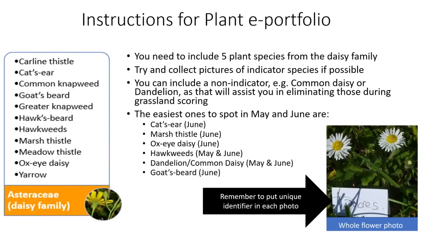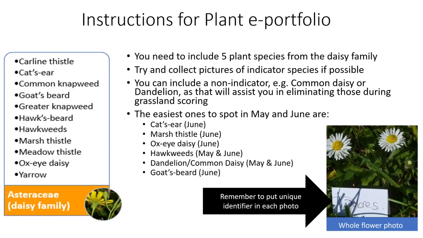And what I'd like you to do for the e-plant portfolio is to think about which of these daisy family members you can get to take pictures of and to include. Now I believe I've asked you to include 5, because there's quite a number of these in existence and I want you to get your eye in for them. If possible, try and concentrate on those indicator species, but you can also include non-indicator species because you will be coming across those in grasslands, and I want you to be able to eliminate those from being on your scoring system or counting towards part of the score.